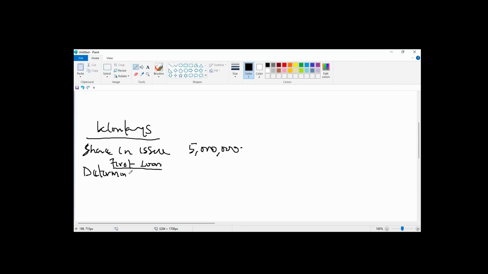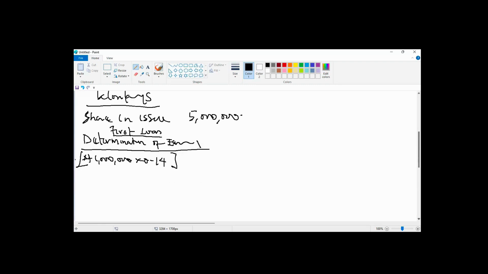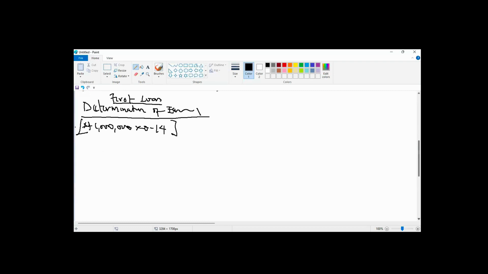It says 1 million at 0.14. How much is the interest that will convert it to earnings? 1 million times 0.14 is 140,000.